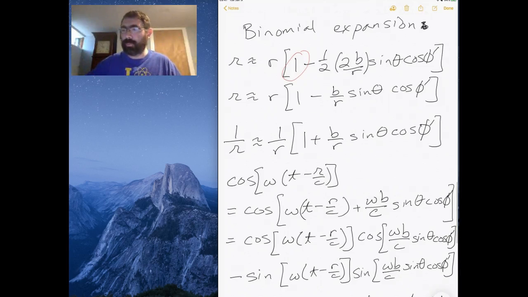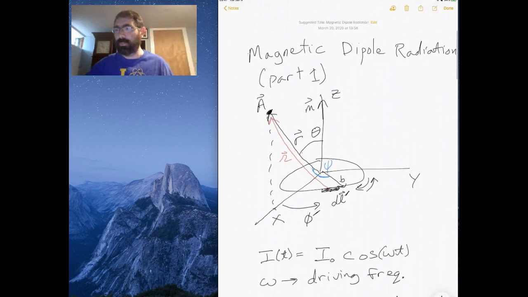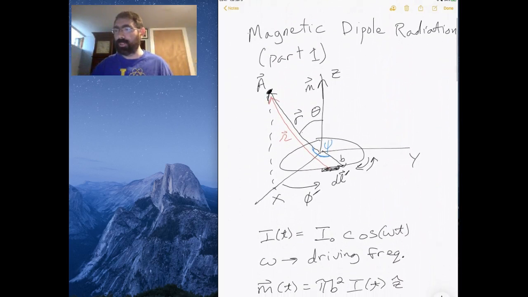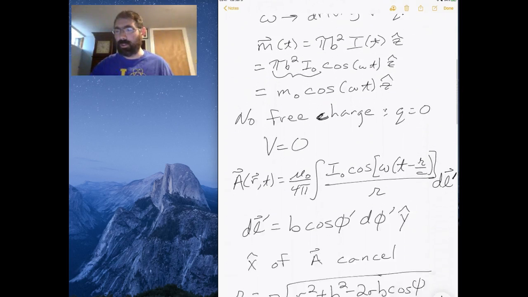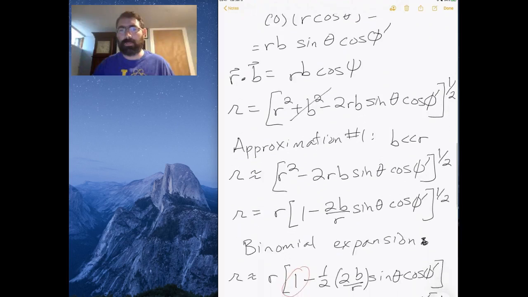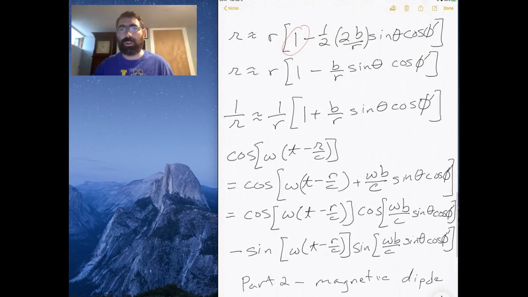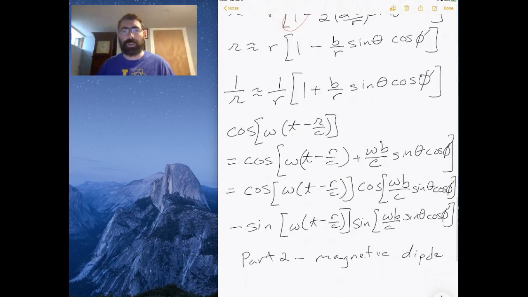In the previous lecture, we set up the magnetic dipole like so, and then from there we started working on the vector potential. We now have written out the distances r, and now we're working on the cosine part.